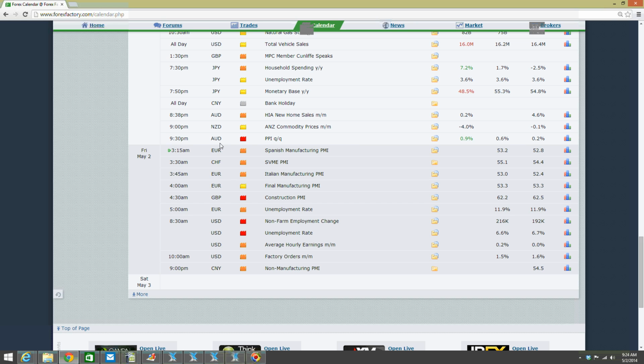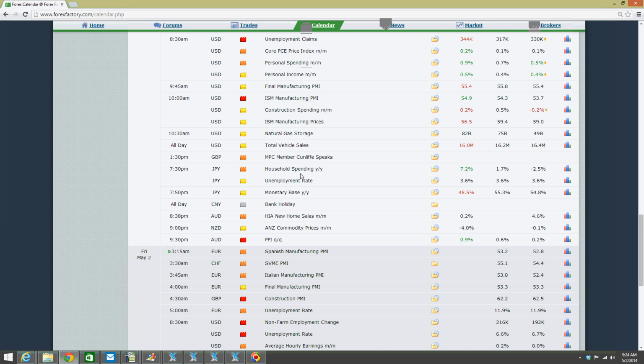And then you have the currency here. This is the currency that is going to be affected, or influenced, by that economic release. For example, we are expecting today construction PMI in the United Kingdom, so the Great Britain pound is going to be affected. Or yesterday we had the ISM manufacturing PMI in the United States, and the US dollar is affected.